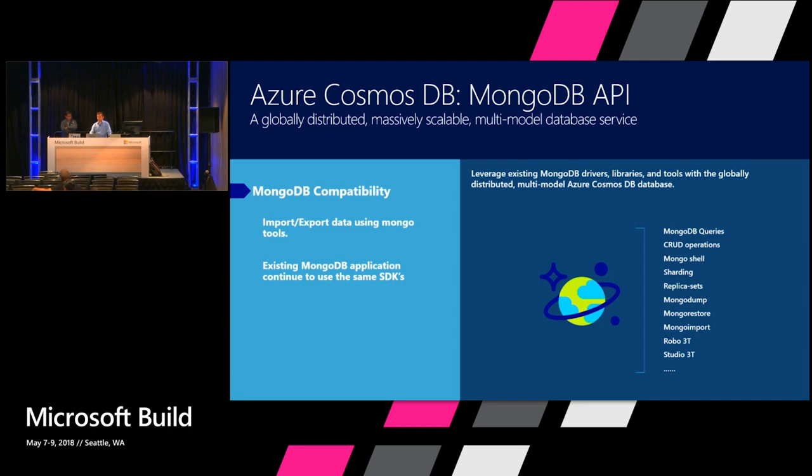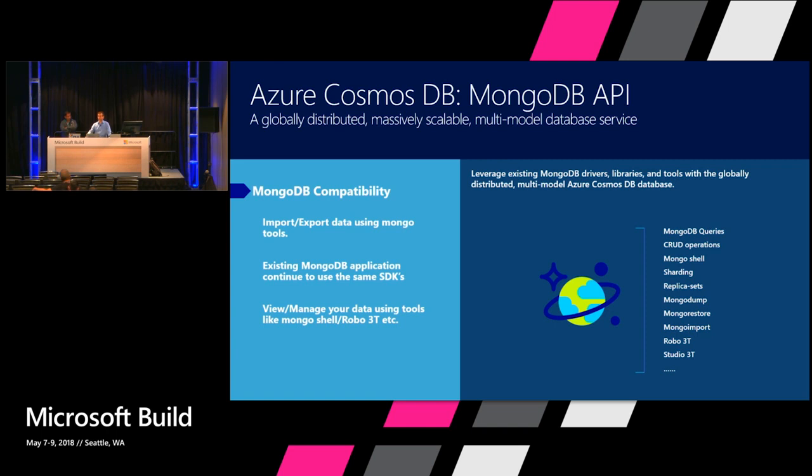So what that means in practical terms is that you can use existing MongoDB applications with Cosmos DB in many cases, in the majority of cases in fact, just by changing the connection string. And I'll show you how that works. You can also view and manage your data using familiar tools that you have used on the MongoDB side.